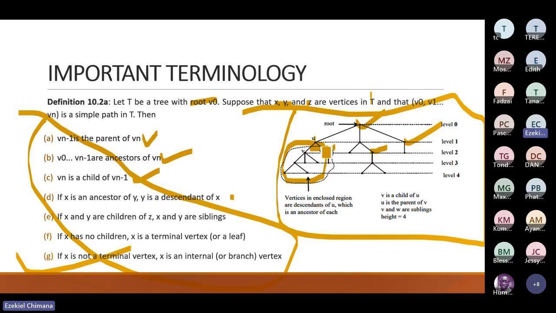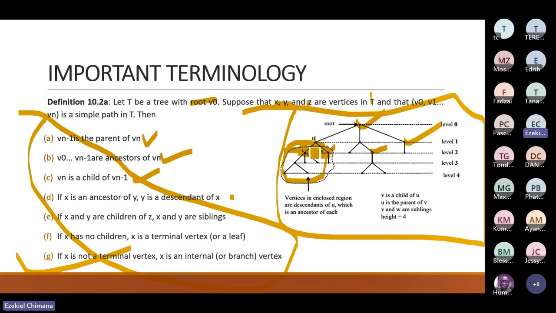The W is a right child, and W is also a child of U. Also, we can say V and W are siblings, just like in a family.